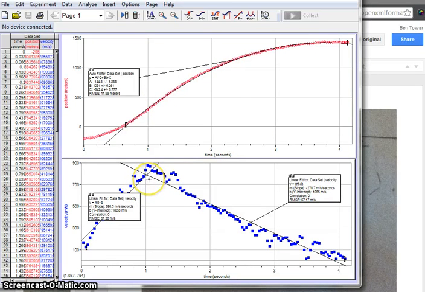And the acceleration of the MouseTrap car, to find this maximum point here, you need to use stats on Logger Pro in order to find the maximum, this intersection right here, where it reaches its highest speed.